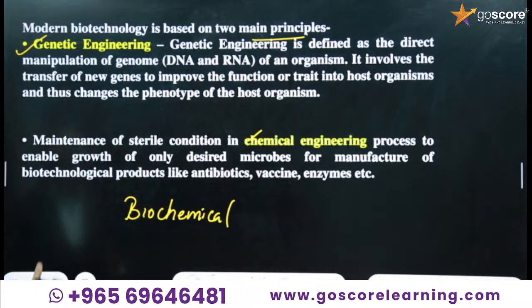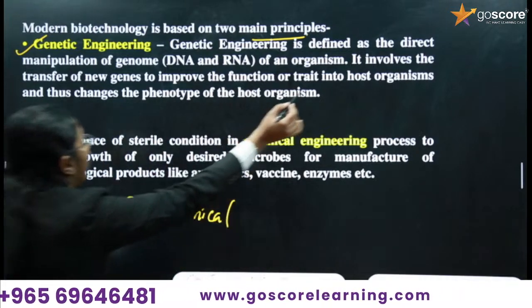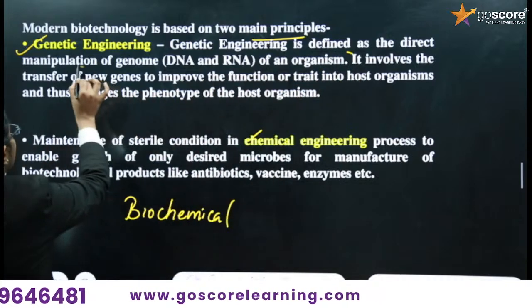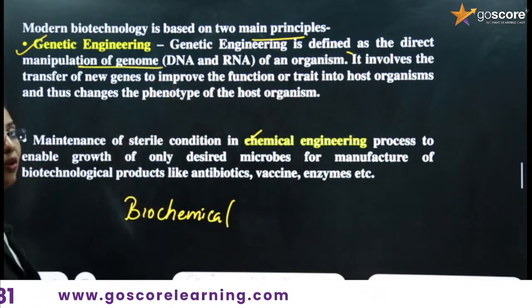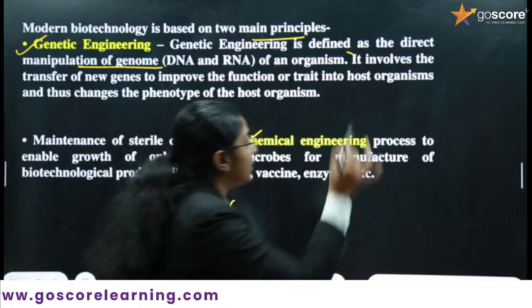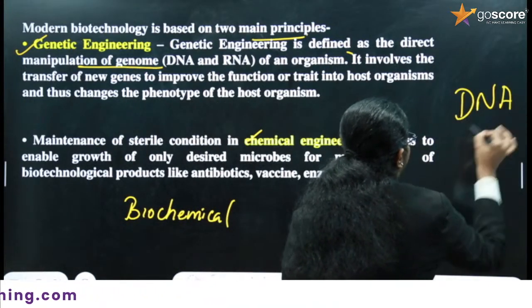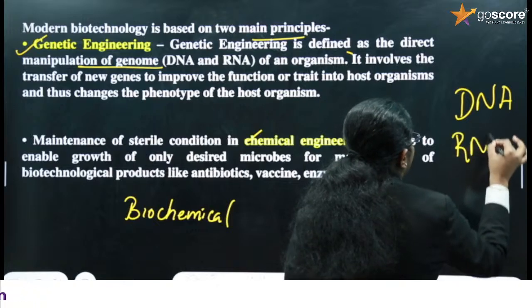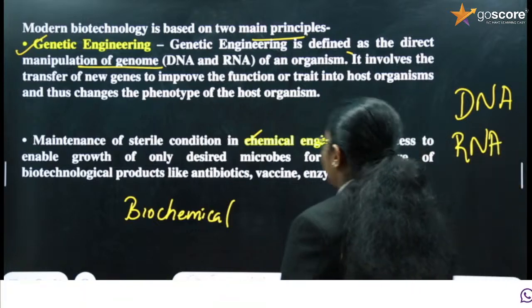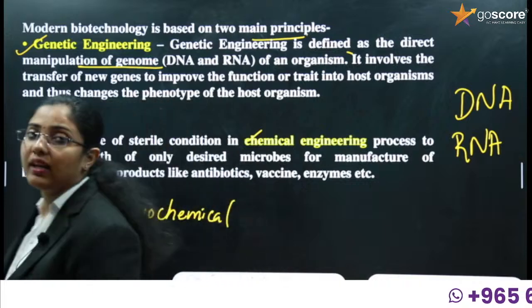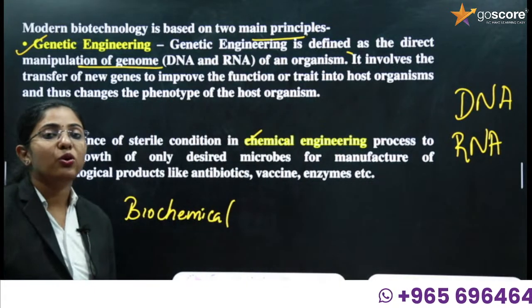Genetic engineering is defined as the direct manipulation of the genome. What are the different genomes you have learned in previous classes? That is DNA and RNA. DNA is deoxyribonucleic acid, and RNA is ribonucleic acid.